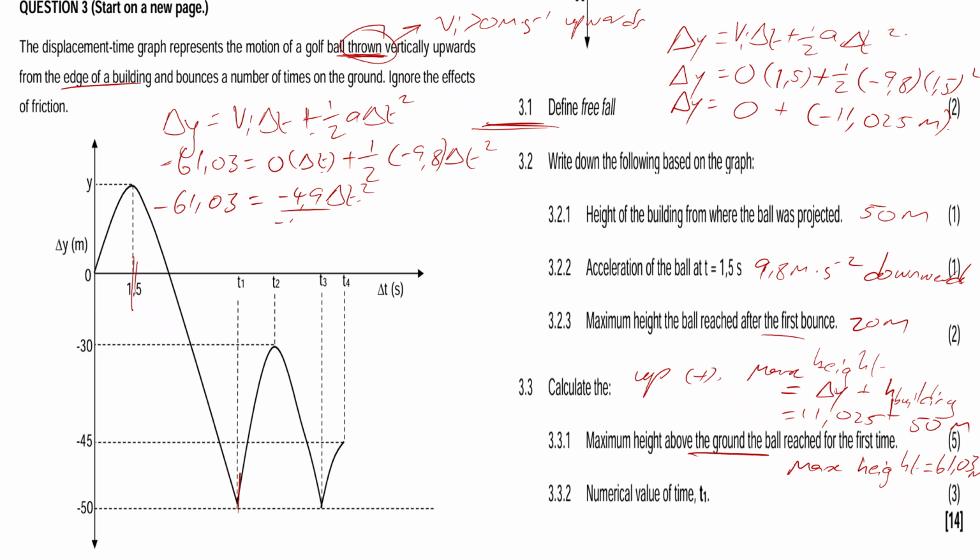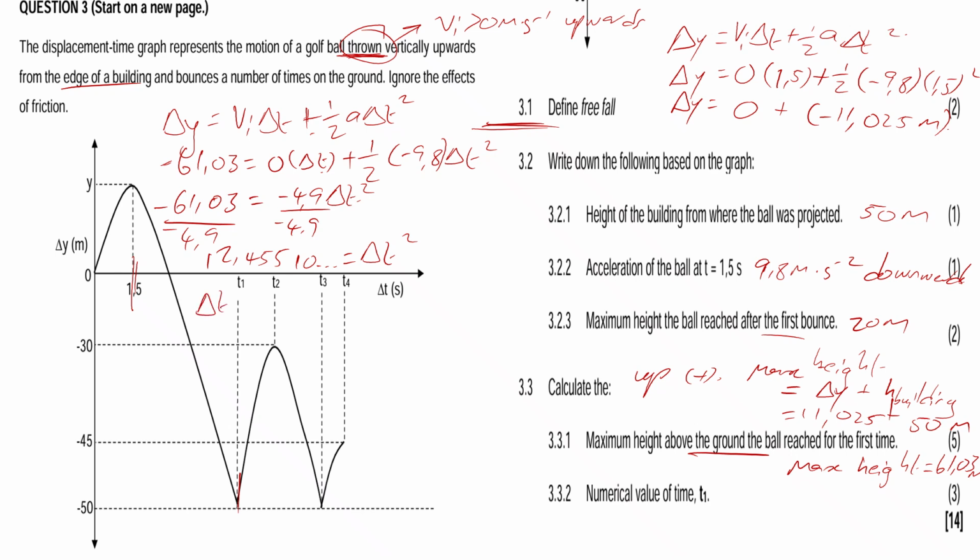Divide by negative 4.9 on both sides: 61.03 divided by 4.9 is 12.4551 and so on, which equals change in time squared.